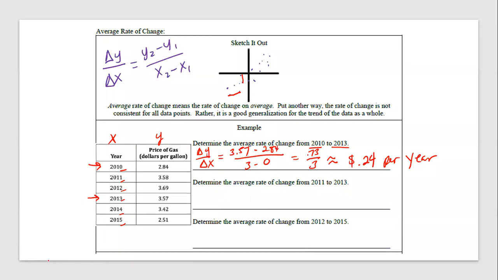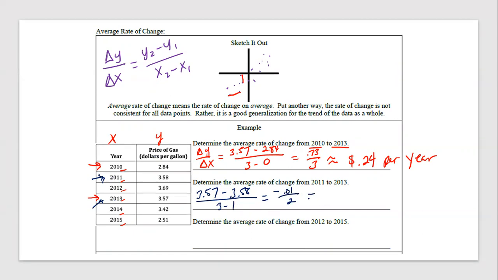All right, let's see how we did. So from 2011 to 2013, we're going to find our change in y. So that's $3.57 minus $3.58, and from 3 minus 1. So we're at a negative penny over 2 years.